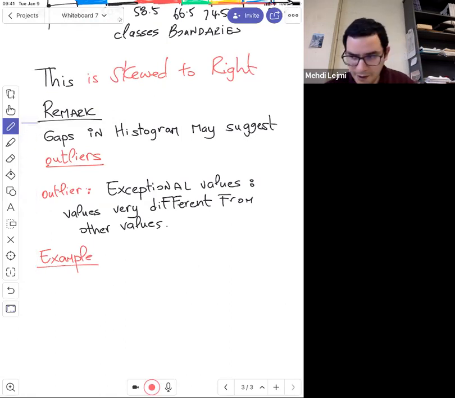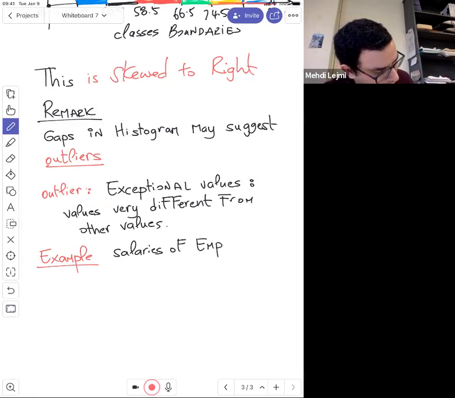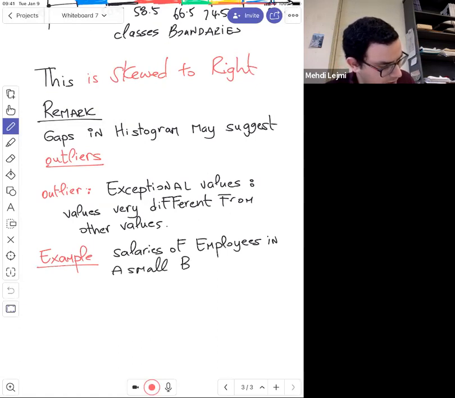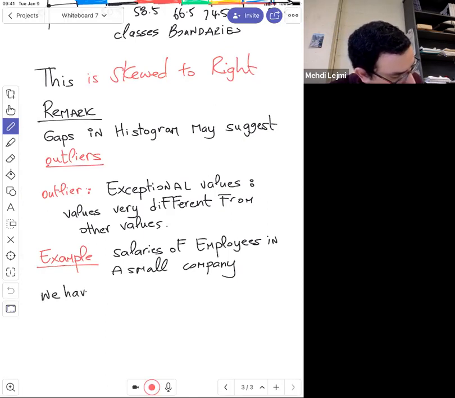So, for example, let's say we have the following histogram.